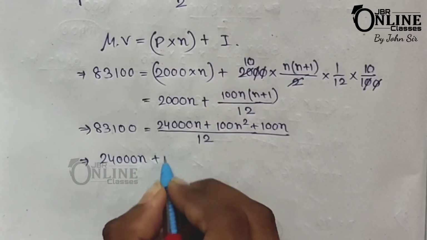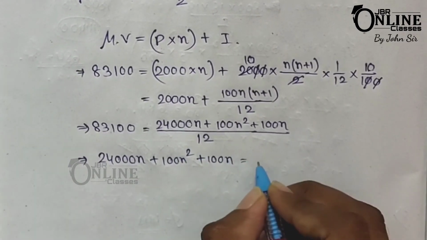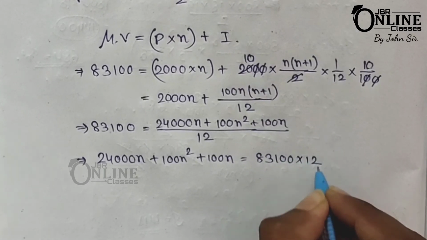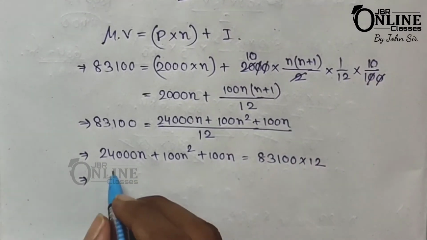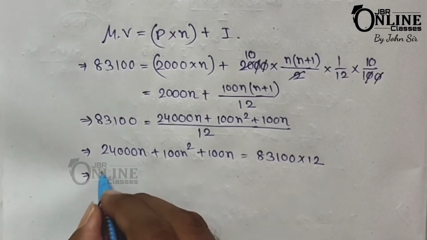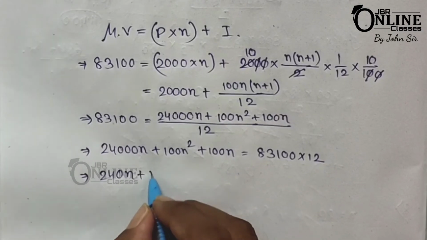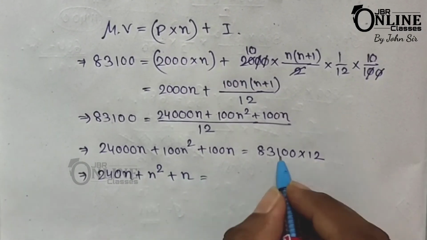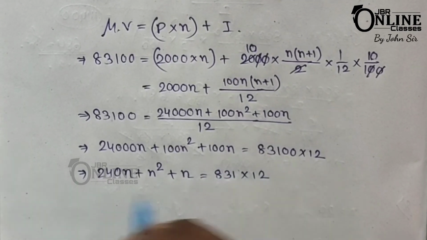So in the next line, 24000 n plus 100 n square plus 100 n, that equal to 83100 into 12. Now if you divide all the terms by 100, it becomes 240 n, n square, n, and 831 into 12.